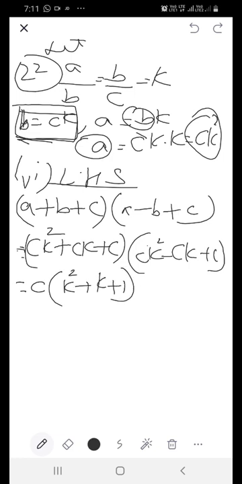In this also you can take C common, K square minus K plus 1. Then C into C will become C square. And you will have these two trinomials.